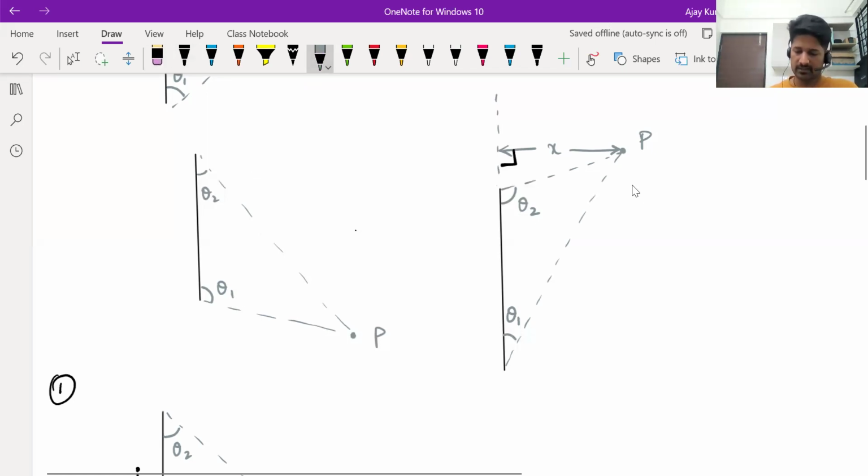Then if you have to take the distance x, you will have to consider this perpendicular distance as x. Virtually you have to extend the wire, and the angles will be theta 1, theta 2, those inside angles itself. In that case, one of them will be obtuse.